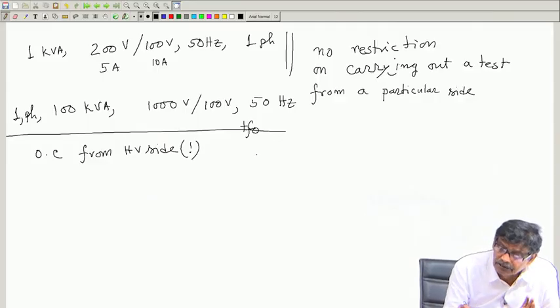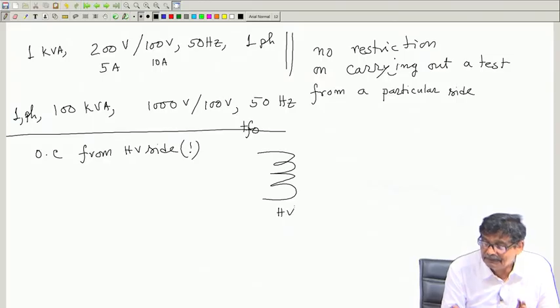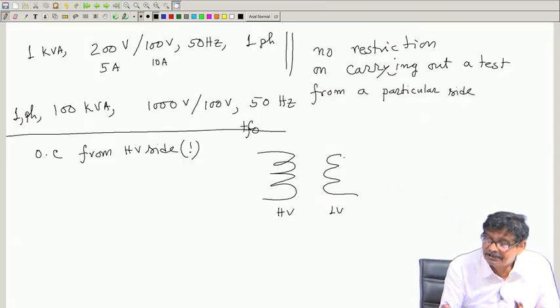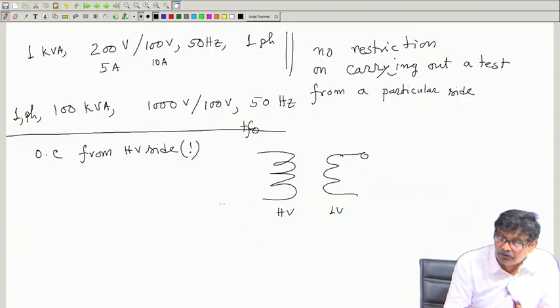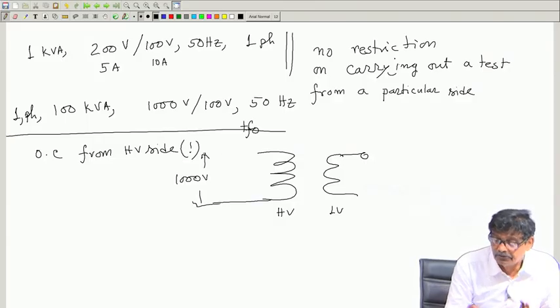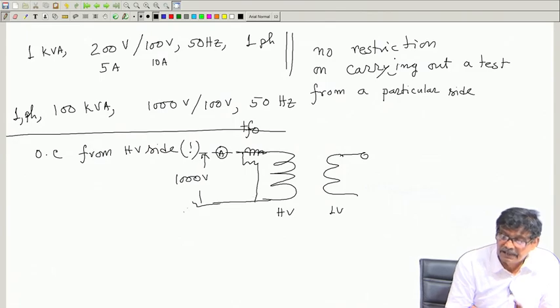Therefore, suppose this is the HV side and the LV side he keeps open circuit. So, he has to apply 1000 volt here, and he has to connect an ammeter and a wattmeter and a voltmeter.